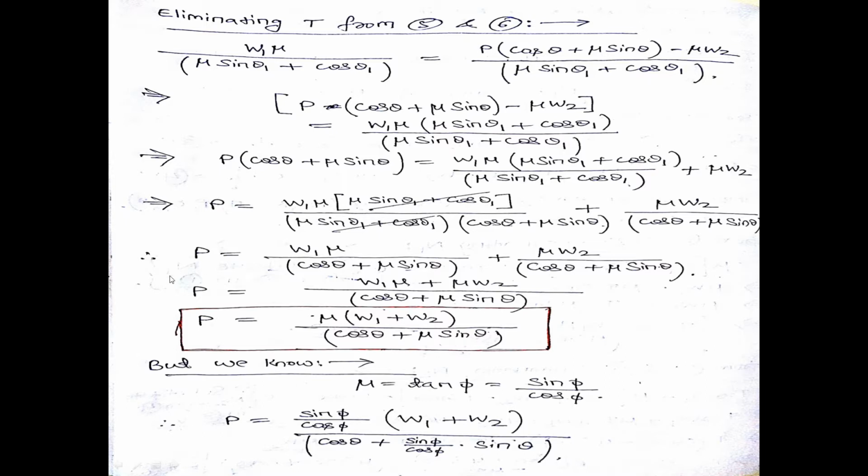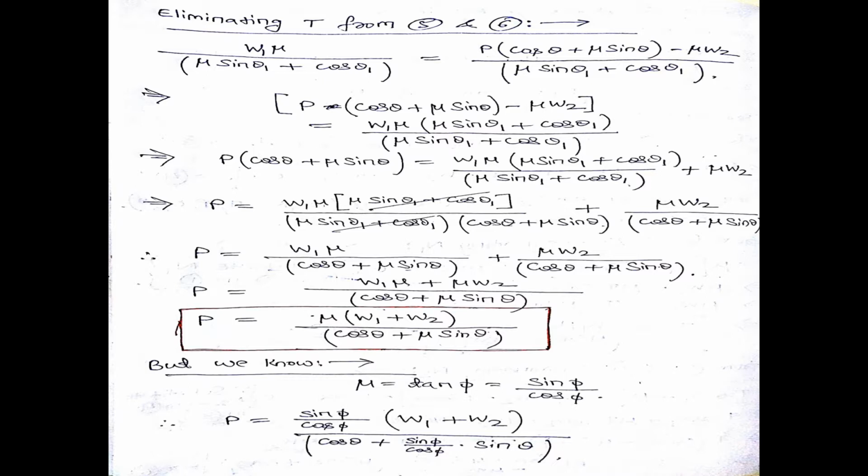If you have to make P minimum, for that you have to make the denominator of the RHS maximum, then only P will be minimum. Yes or no?